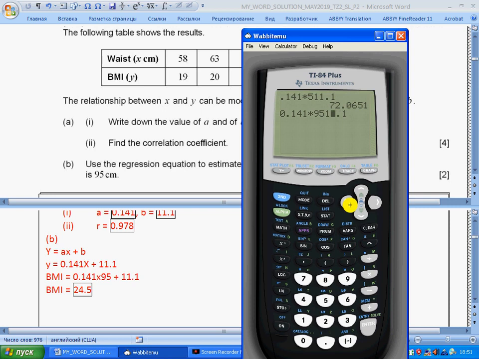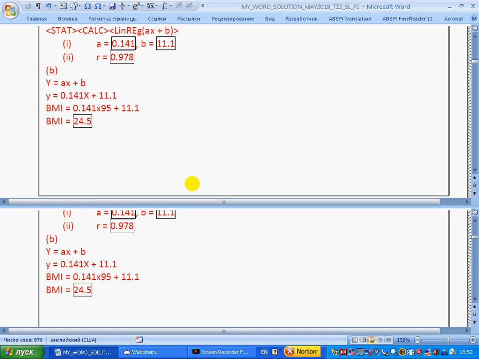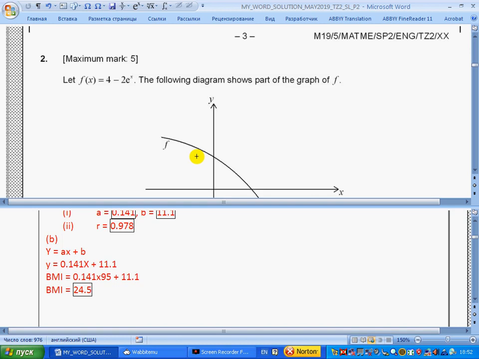Here I made a mistake, so I should insert plus: second insert, plus. I press enter, and only now I'm getting 24.5, so this is my answer. I put it here, and let's go on. So this we did. Question 2.